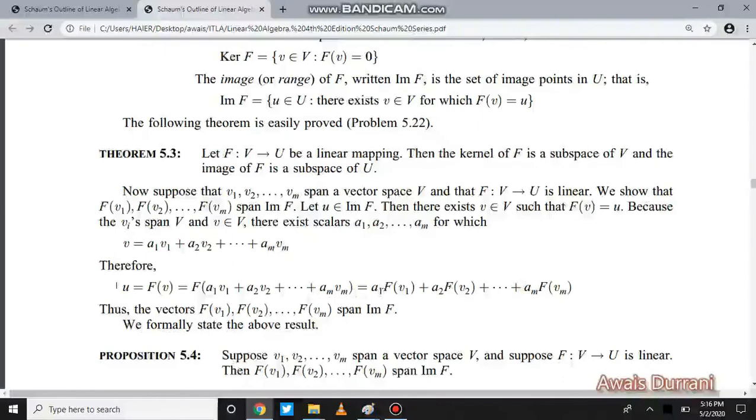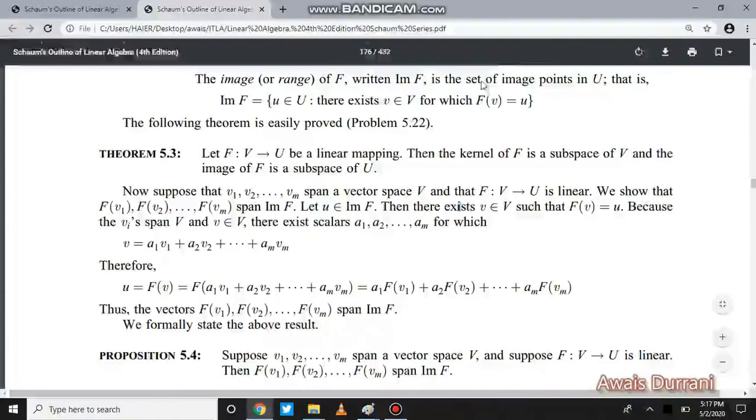And now I can see that u has been written in the form of a linear combination of the elements f(v1), f(v2) up to f(vm). This means that u is actually spanned by all these elements.